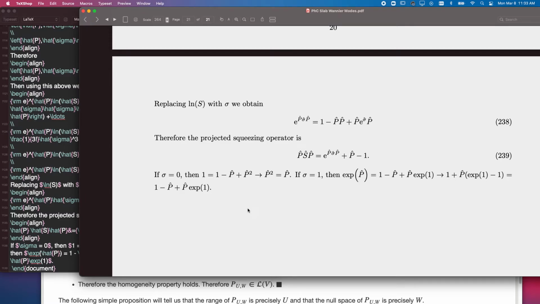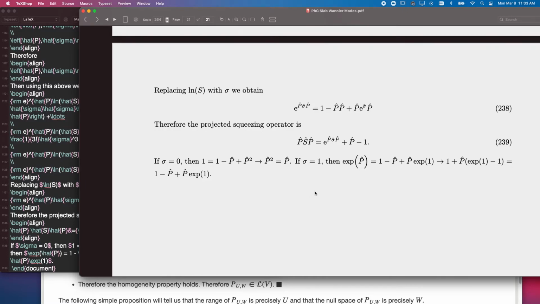And this is equal to 1 plus p exponent 1 minus p. Okay, so at least in those two limits, the equation is true.